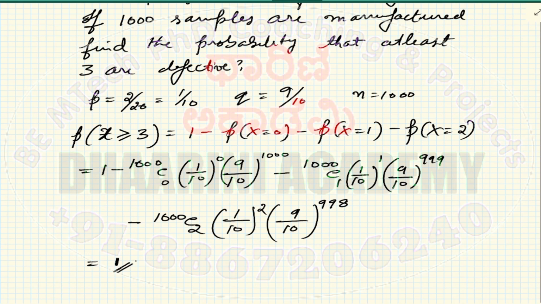What is the chance that you get at least three defective? You will definitely get three defective items. It's a 100% chance that there will be at least three defective items.